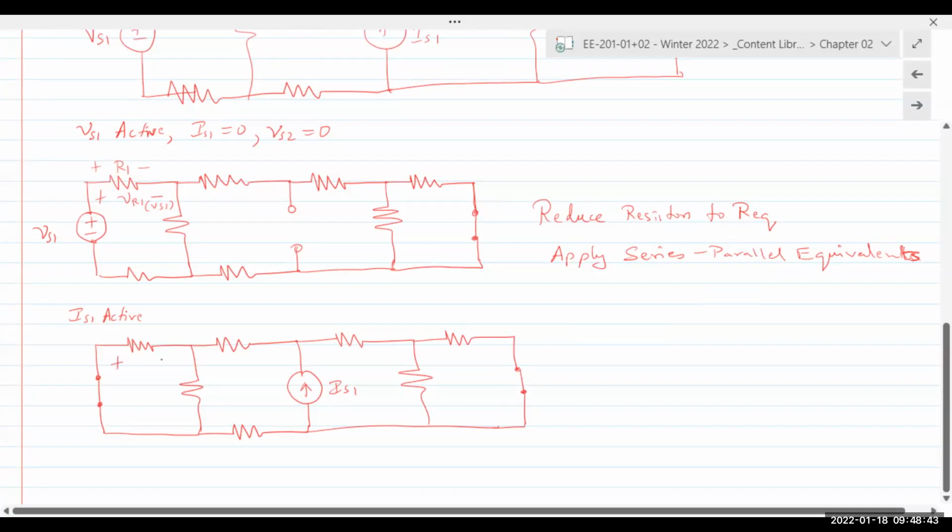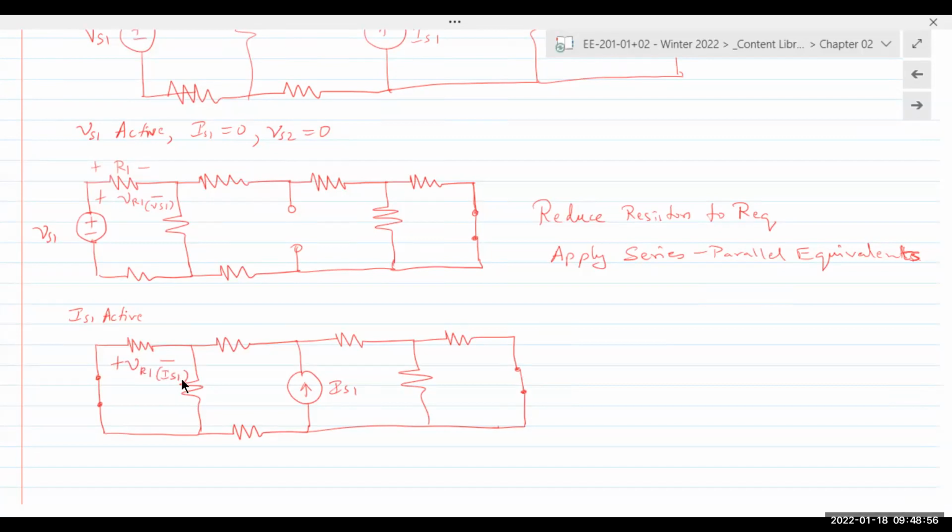So now you analyze the circuit second time and you find VR1 again. And this VR1 is due to IS1. So I'm just changing the notation. So here it was VR1 due to VS1. Here it is VR1 due to IS1, the second source. You analyze the circuit a second time.